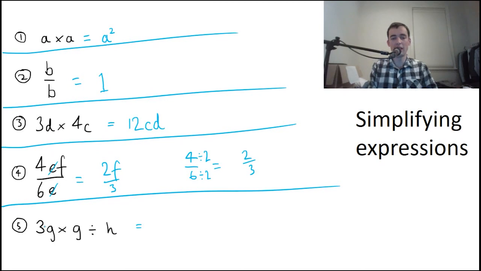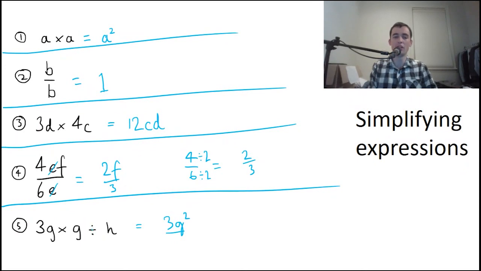So we've got the 3. The 3, there's no other numbers here, so we're just going to have a 3 in the end somewhere here. G times g is g squared. G with a little 2 up there. And we're dividing by h.